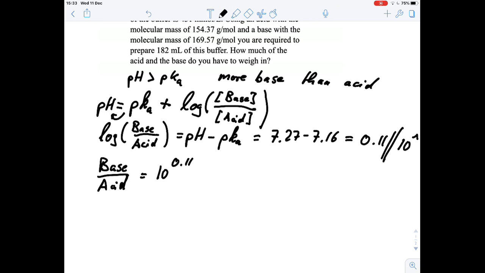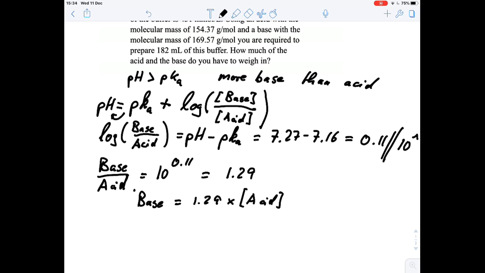And if we put that into a calculator, we would get base over acid 1.29. So we can say we have base equals 1.29 times the acid concentration.